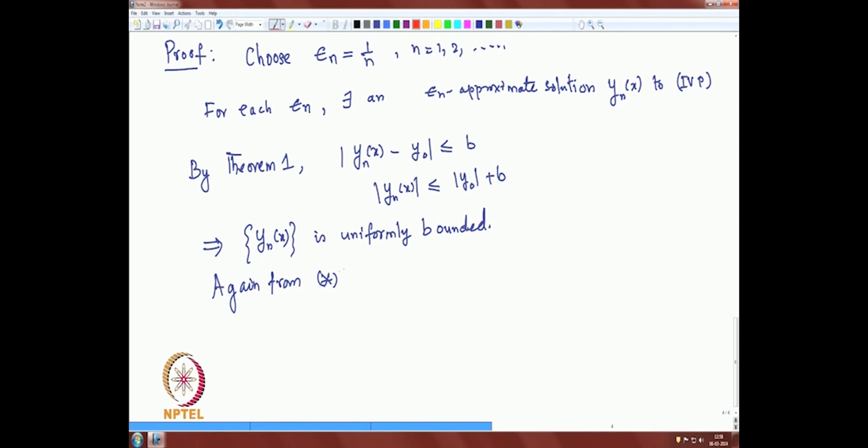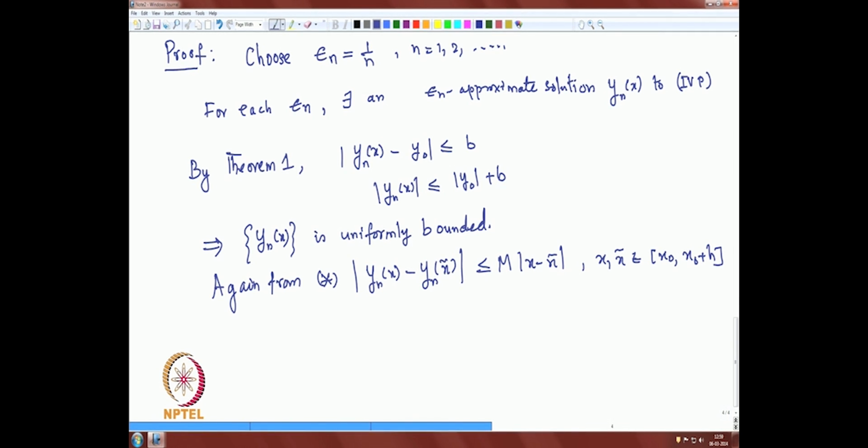Therefore, again from star, we have that yn(x) minus yn(x tilde) is less than or equal to M times x minus x tilde, where x and x tilde are numbers from x0 plus h.